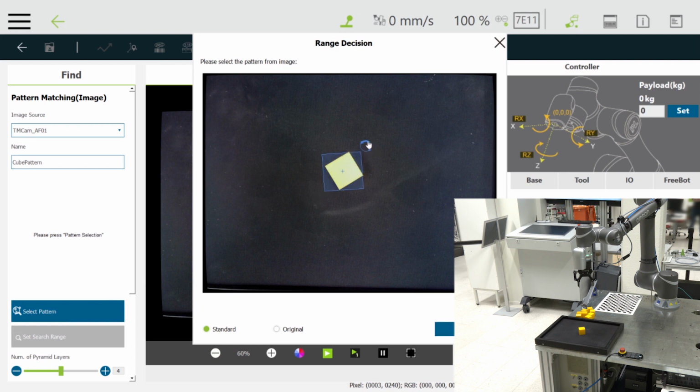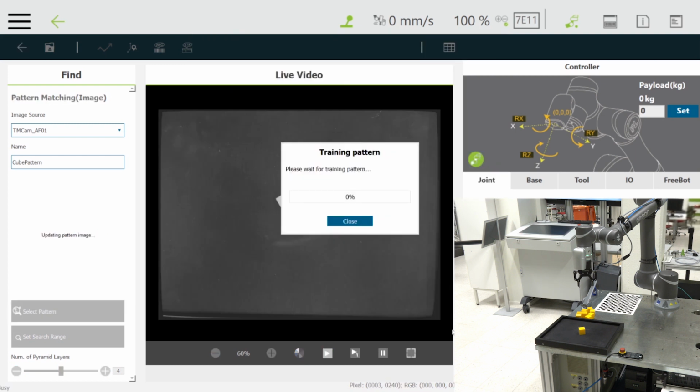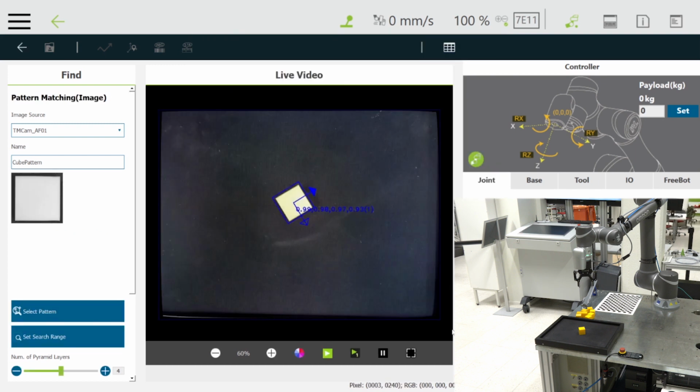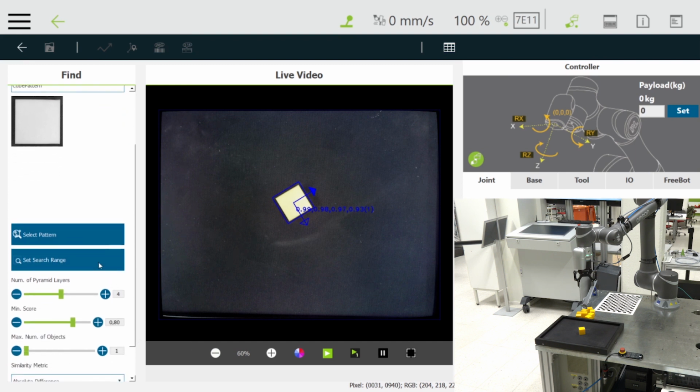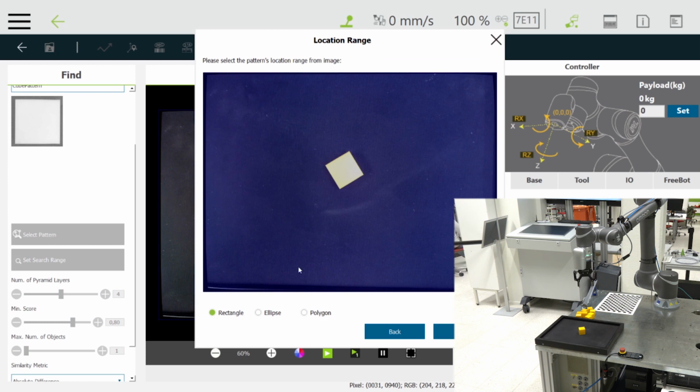So first it is drawn there and then turned to the same angle as the cube is there. With all these, we teach to the camera that this is something that we are trying to find. After that, the found cube, the rectangle pattern there, is shown in the image.